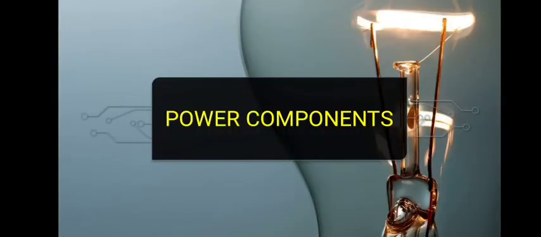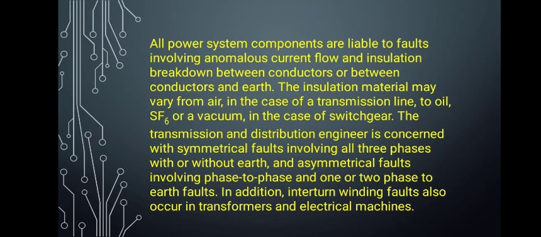Power components. All power system components are liable to faults involving anomalous current flow and insulation breakdown between conductors or between conductors and earth. The insulation material may vary from air, in the case of transmission line, to oil, SF6, or a vacuum, in the case of switchgear.